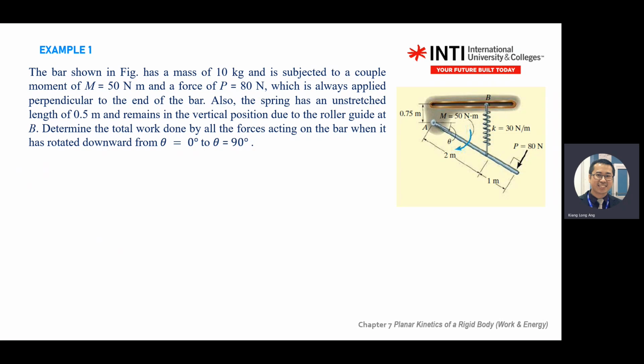Also, the spring has an unstretched length of 0.5. Means before you stretch it, you have 0.5. A bit misleading diagram. Why? Because this spring will attach to B, and the distance from this pin to this slot here is 0.75.